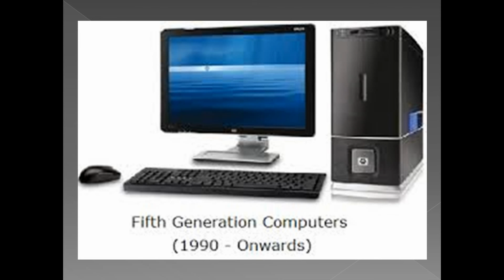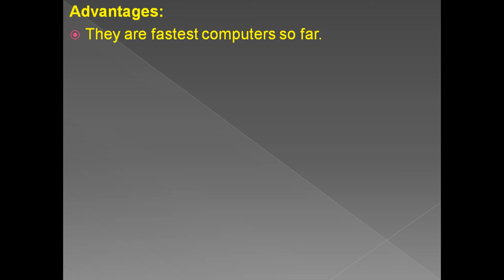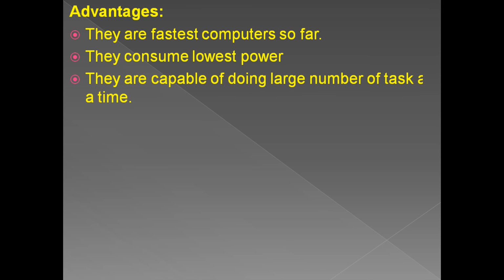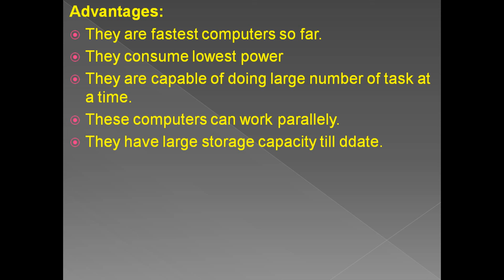Now some advantages. They are the fastest computers so far. They consume the lowest power compared to previous generations. They are capable of doing a large number of tasks at a time, that means working in parallel. They have large storage capacity to date. Now disadvantages.